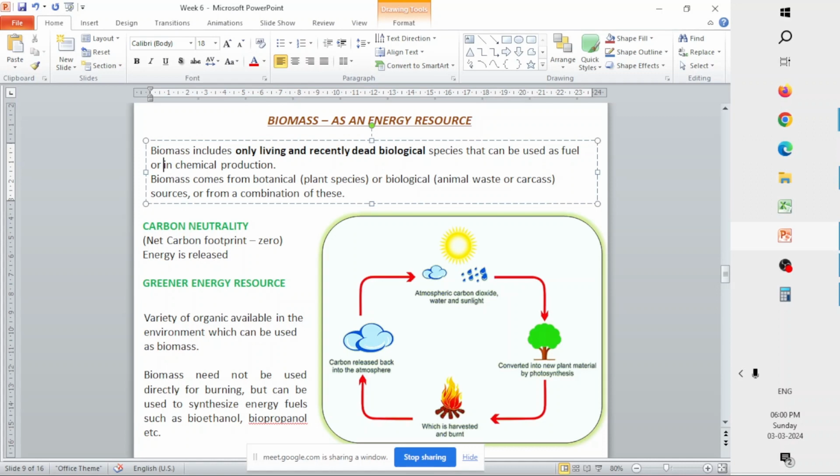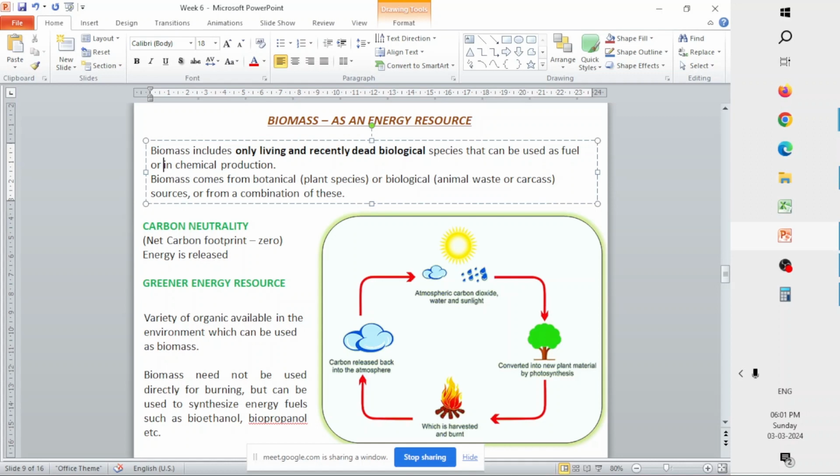Sometimes we can also process these biomass feedstocks into fuels like bioethanol, biopropanol, and biobutanol. These are energy fuels useful for other applications. They can also be used in chemical production, like biofuels and bio oils.